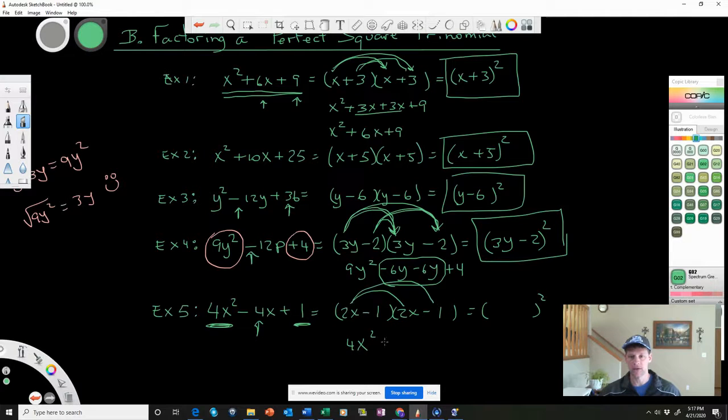Now the outsides, now the insides, and now the last. These two are like terms which add up to the negative 4x, and therefore your final answer is 2x minus 1 squared. That's it.